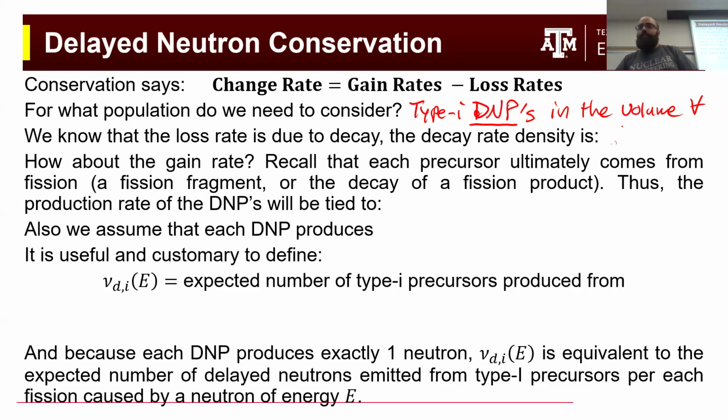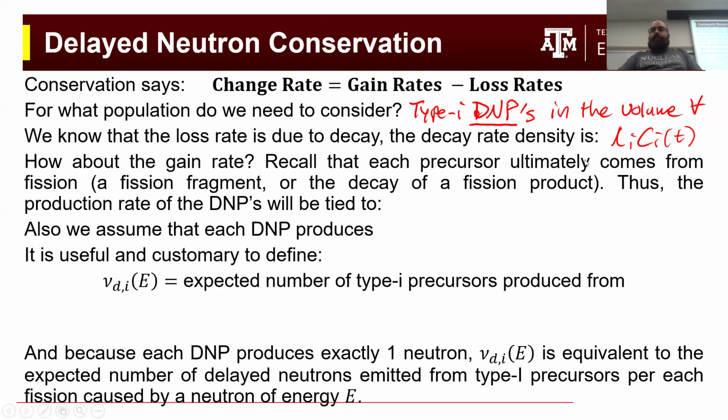So this is going to be lambda I times C sub I of t. The decay constant has units of inverse time, and the precursor concentration has units of density. So those combined give me the decay rate density. And that's the only way that they're lost, is when they decay.